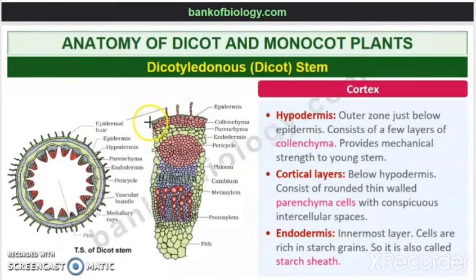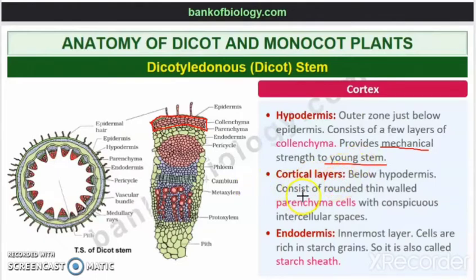I hope you are clear with this, right? So this part is called the hypodermis. It is a portion just below the epidermis. The epidermis is the outermost portion, and below that are few layers of collenchyma cells, and they provide mechanical strength to the young stem. What is the function of this collenchyma cell? They provide mechanical strength.